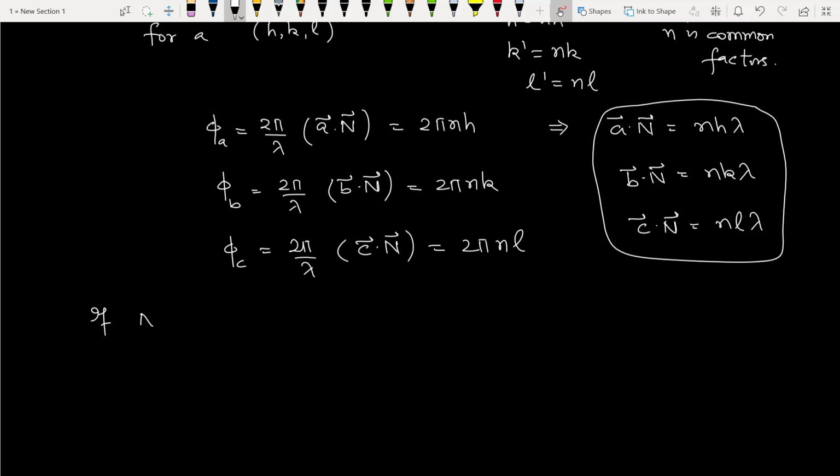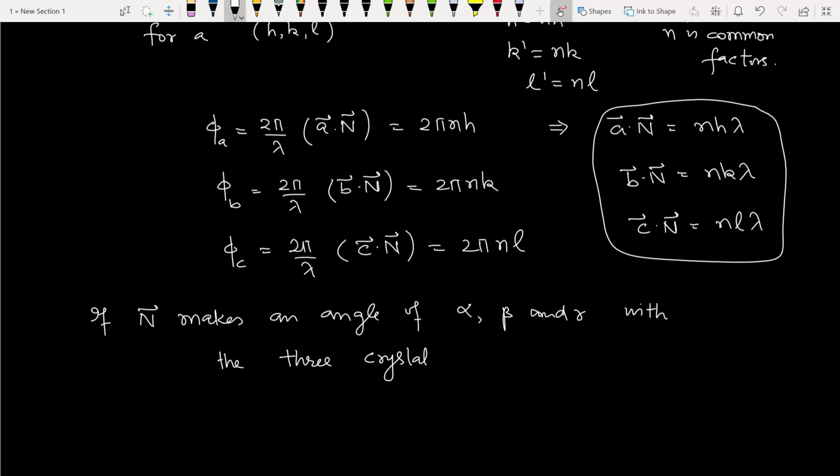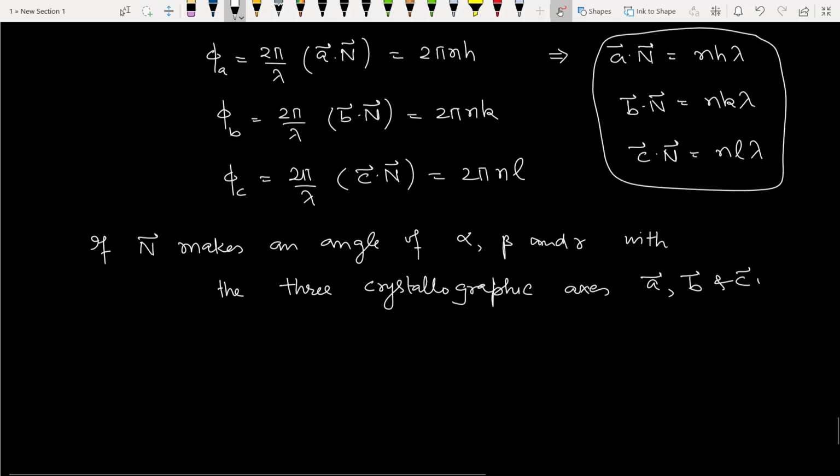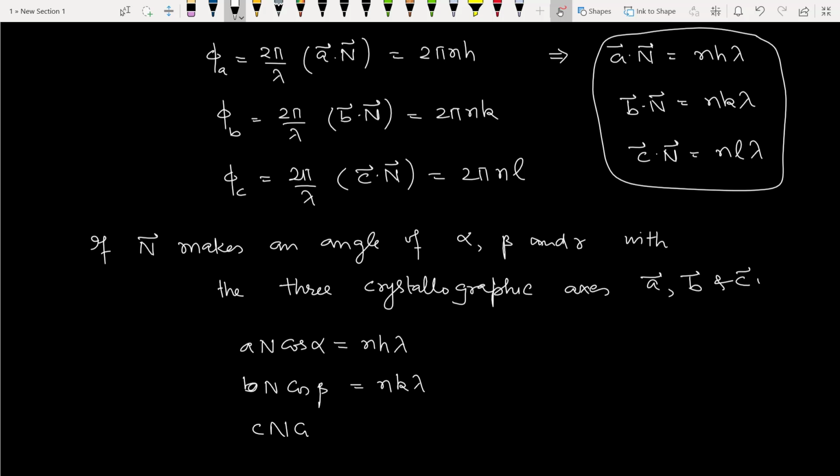If the n vector makes angles of alpha, beta and gamma with the three crystallographic axes, the a vector, b vector and c vector, then a dot n can be written as an cos alpha equal to nh lambda, bn cos beta equal to nk lambda, cn cos gamma equal to nl lambda.